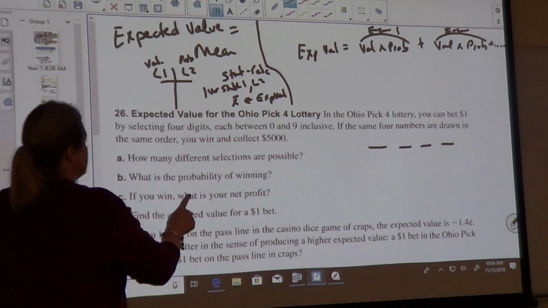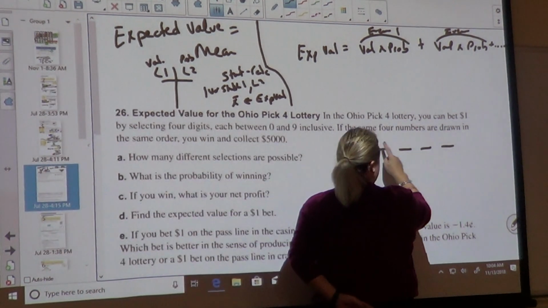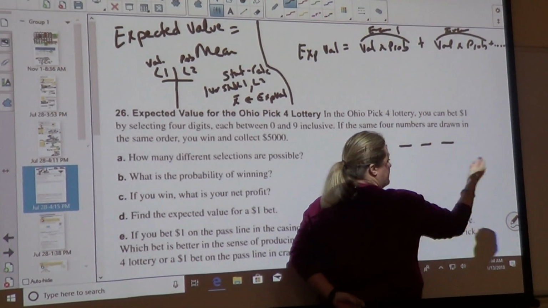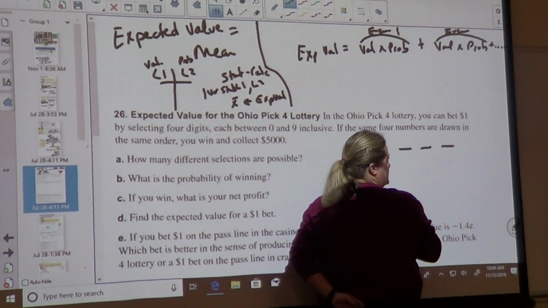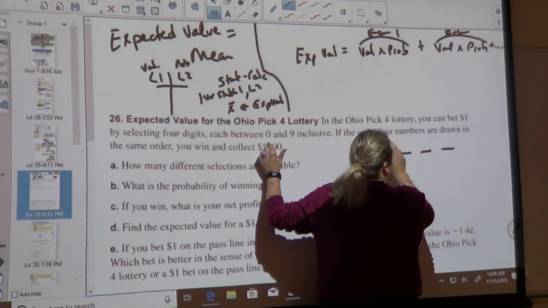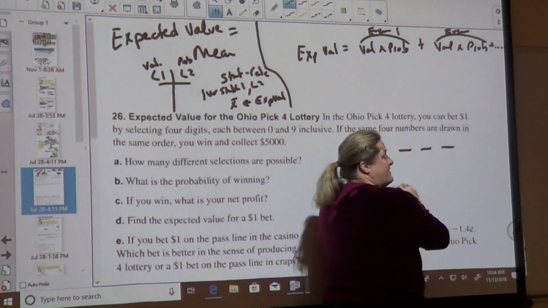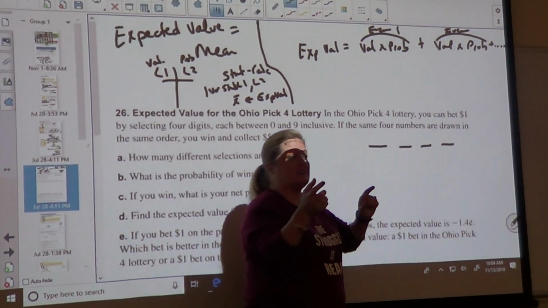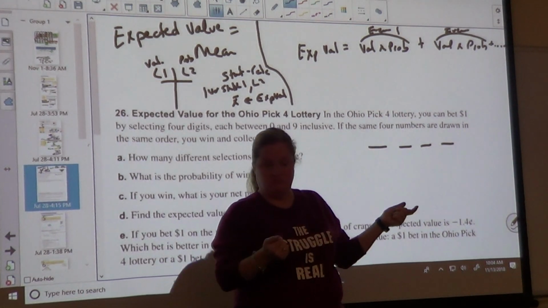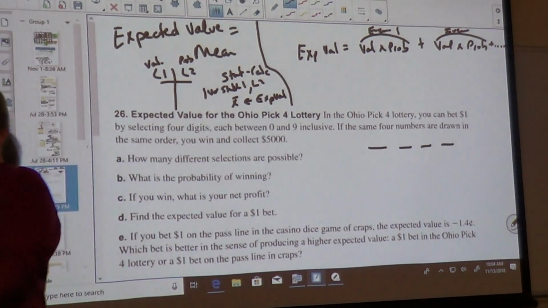This number has to be between 0 and 9. This number has to be between 0 and 9. This between 0 and 9. This between 0 and 9. I give her $1. I pick those 4 numbers. In order for me to win $5,000, my 4 numbers have to be in the same exact order as what they call out. Cool?